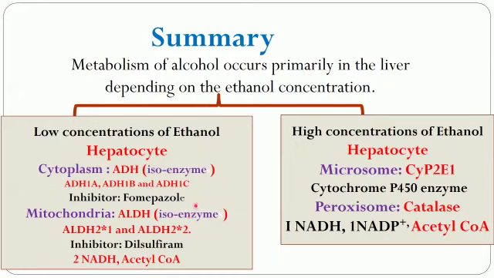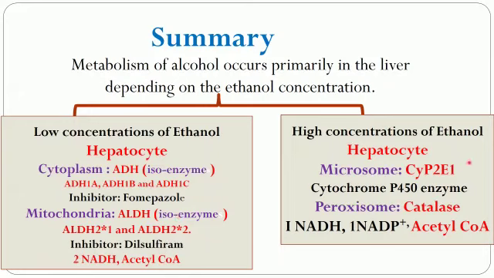It also has various isoenzymes, and it converts acetaldehyde to acetate. So the inhibitor disulfiram blocks this enzyme and it stops the conversion of acetaldehyde to acetate.